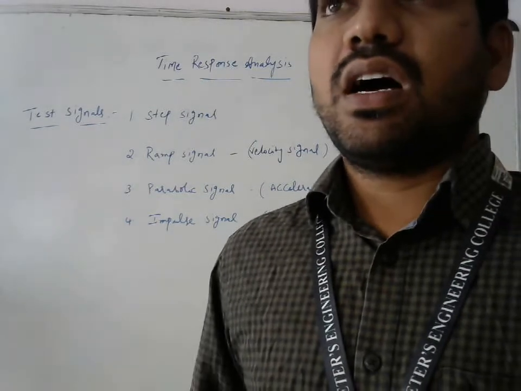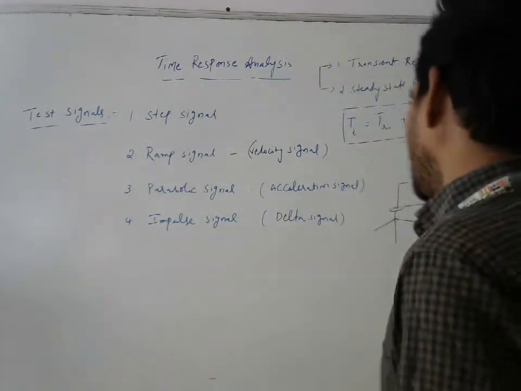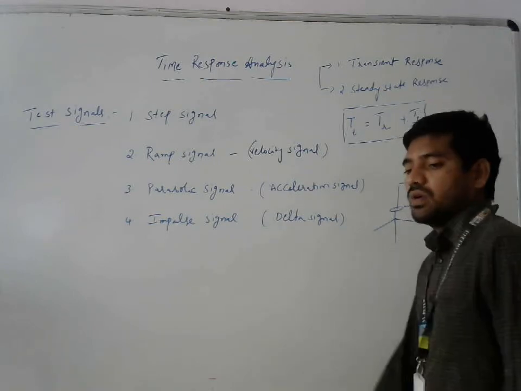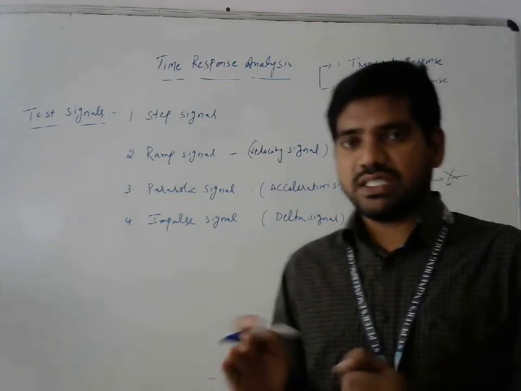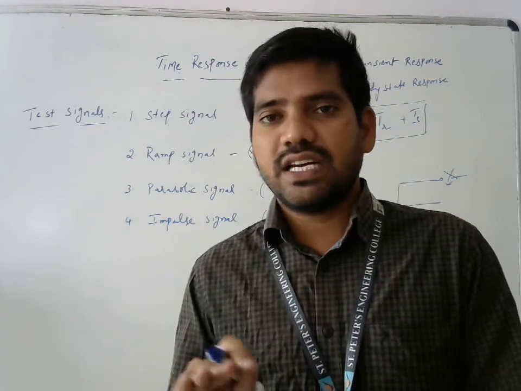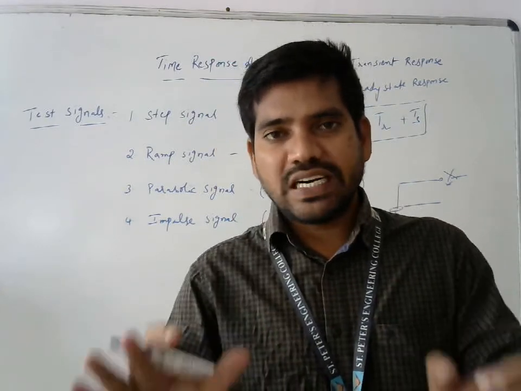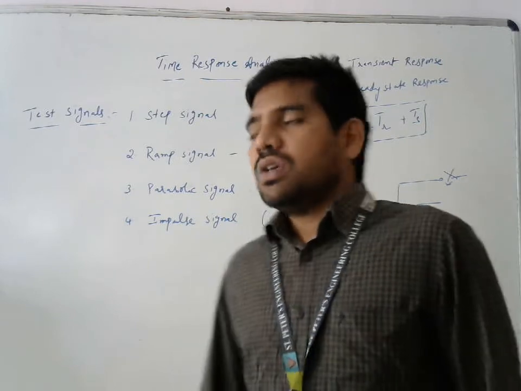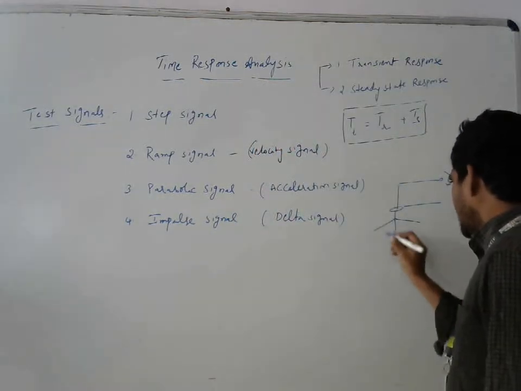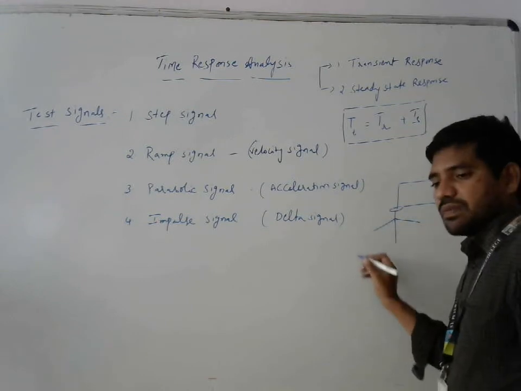Initially, it does not reach its final value, that means the steady state value. Initially there are some disturbances. For example, if you take a motor also, initially it will take some time to settle down.